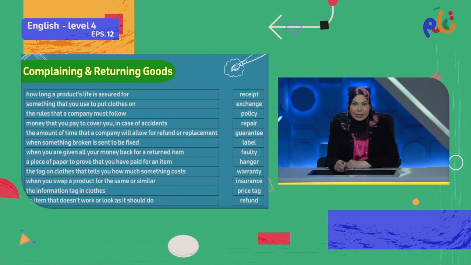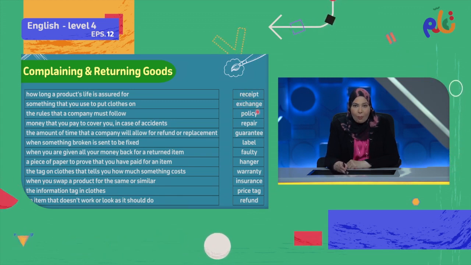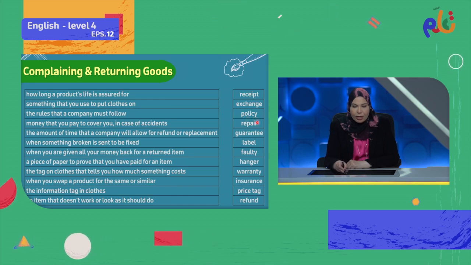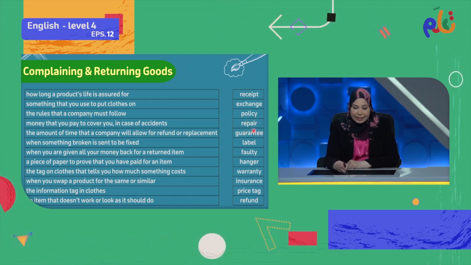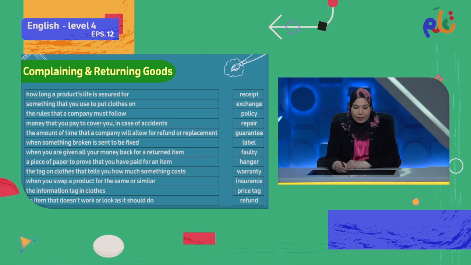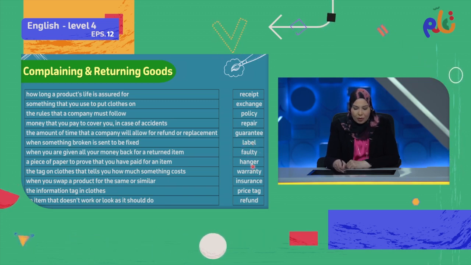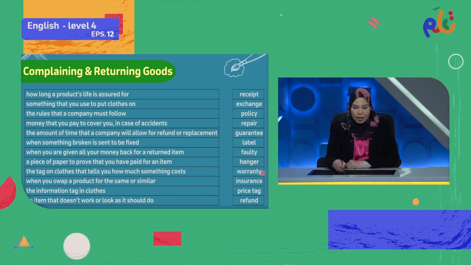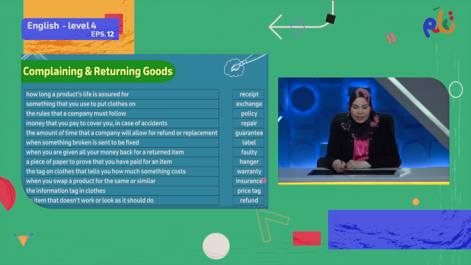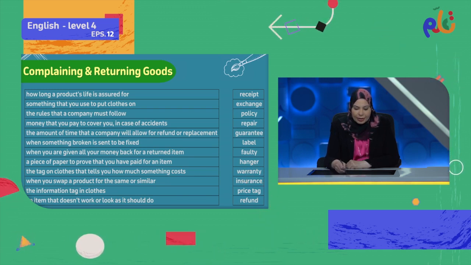So we have receipt, exchange, policy, repair, guarantee, label, faulty, hanger, warranty, insurance, price tag, and the last one is refund.